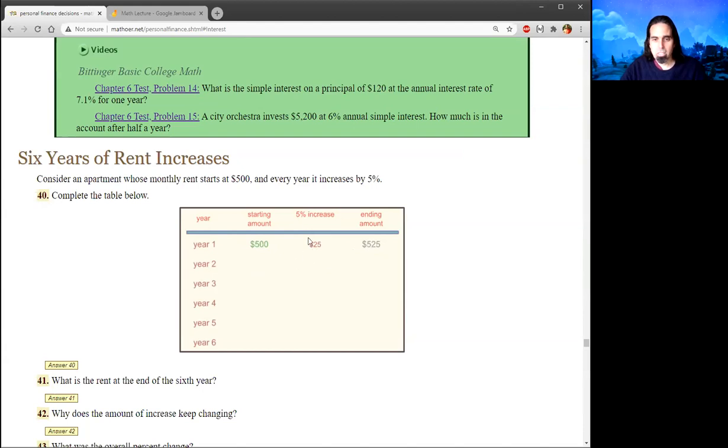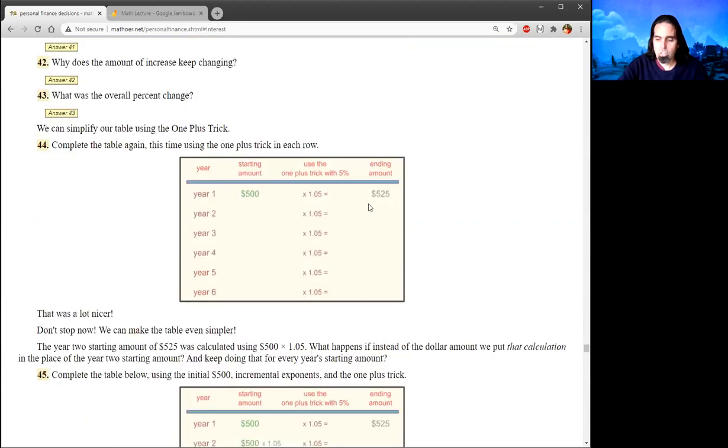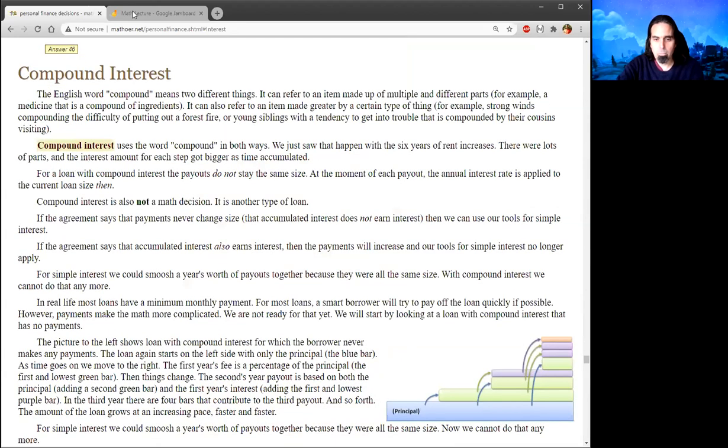And because the percent increase changes and gets slightly bigger with each year, it's a little more complicated. We'll make a pattern out of it and get a formula, and that will change to teach us about compound interest.